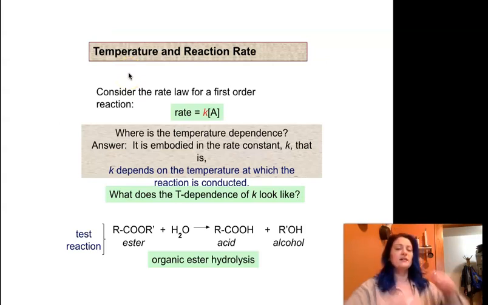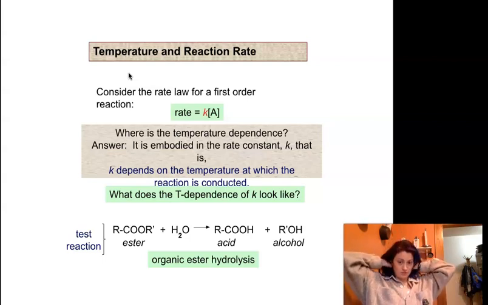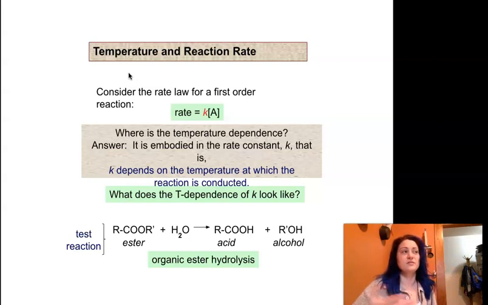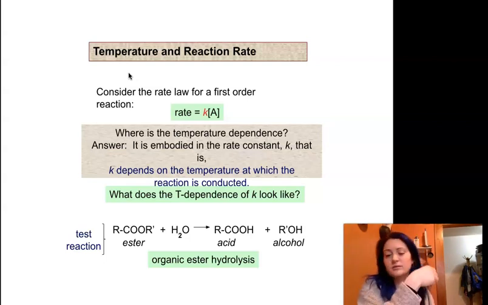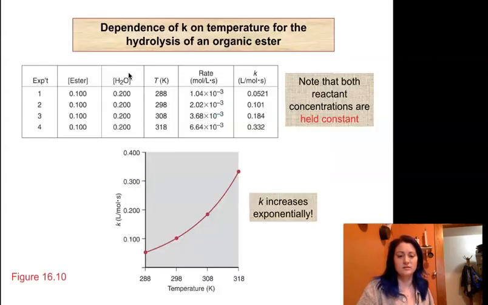We know that K varies with temperature. The rate constant K is set for specific temperatures, and what we've been looking at thus far are given temperatures with given Ks. So how does this look? This is experimental data for the hydrolysis of an ester.